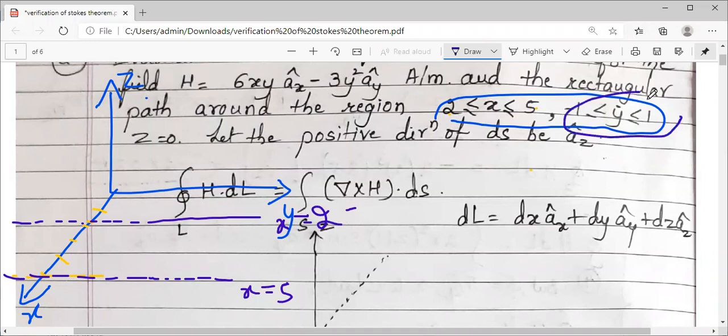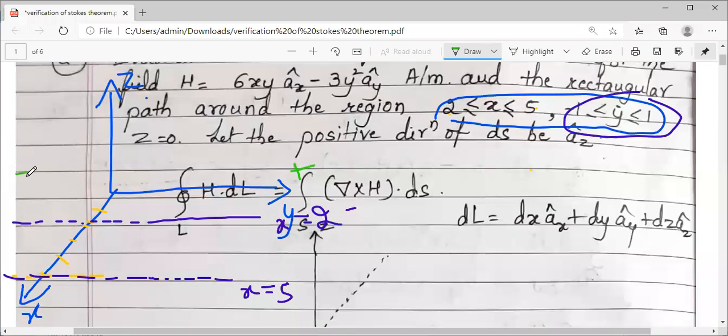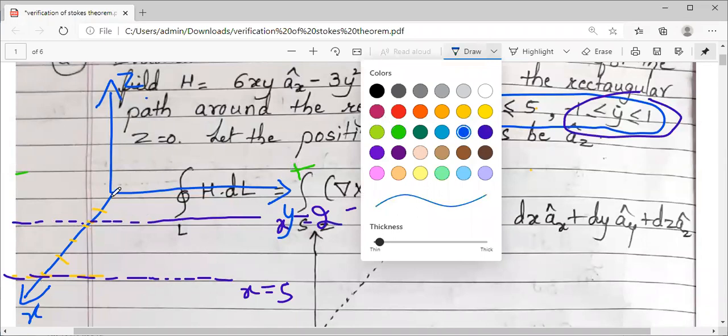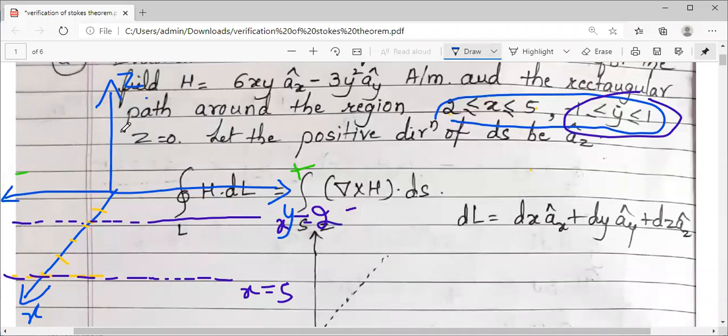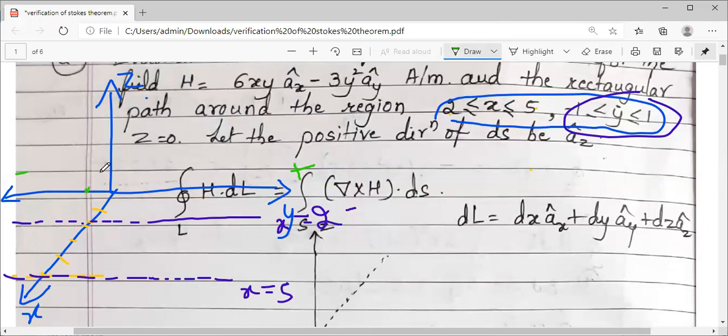Now, talking about Y, minus 1 and plus 1. This is your plus Y and this is your minus Y. If I take the Y along the other direction first, minus 1 is somewhere here, and I am drawing a line from this.